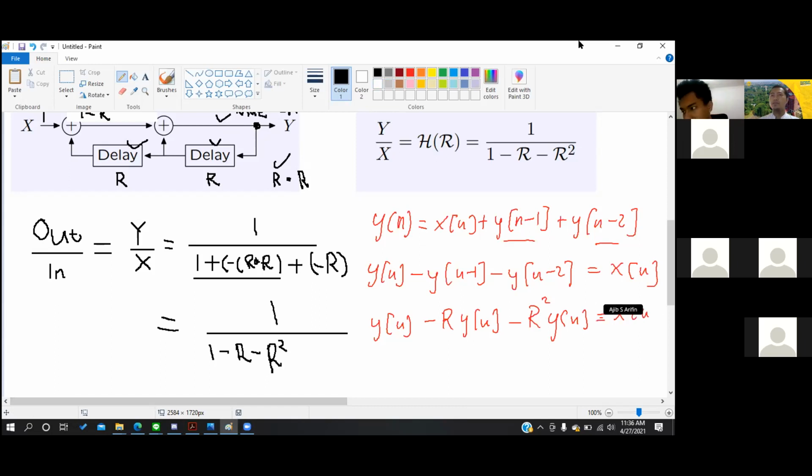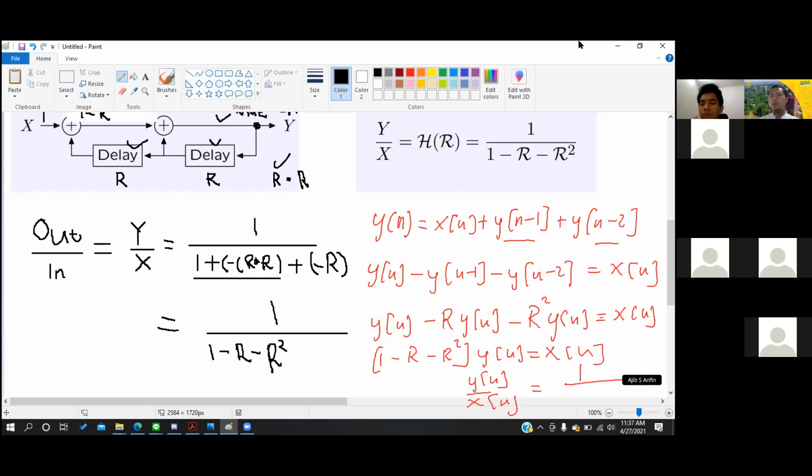So in this case, we can write it like this: 1 minus R minus R squared, times y[n], becomes x[n]. Then by changing the positions, we can write y[n] over x[n] equals 1 over 1 minus R minus R squared, something like that.